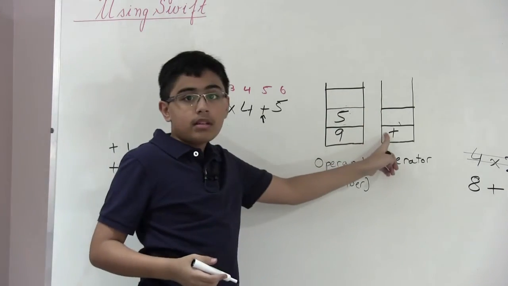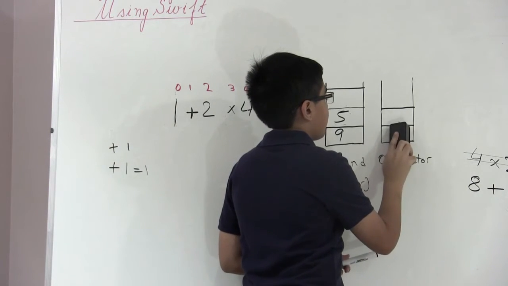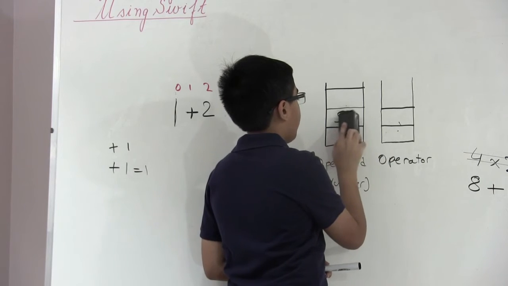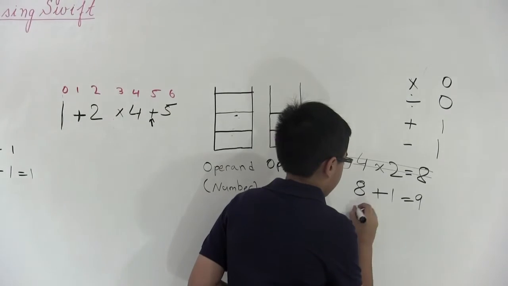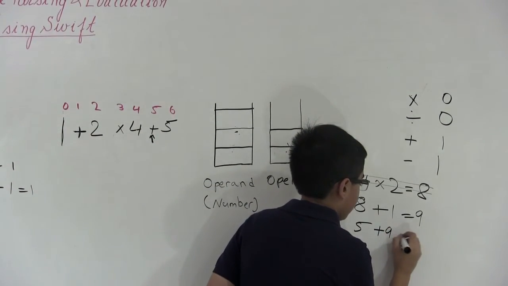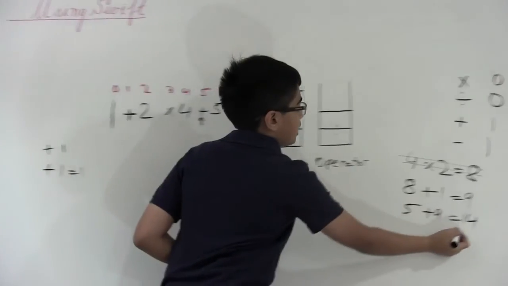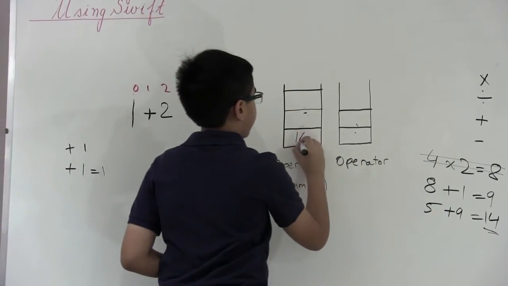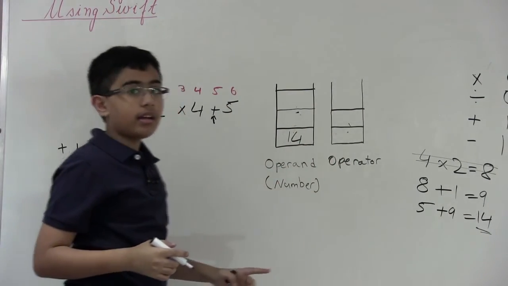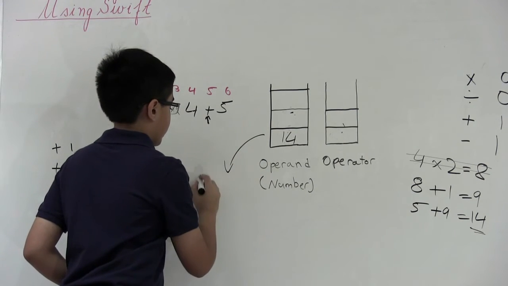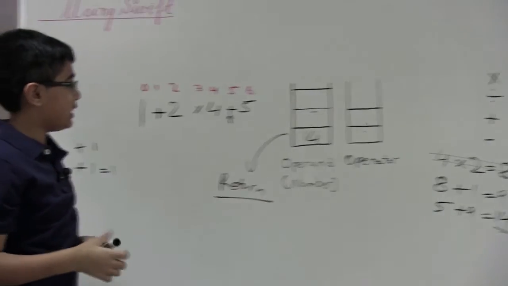We see a plus, so we pop out the plus, the 9, and the 5, and we say, what's 5 plus 9? It is 14, so we push 14 onto our operand stack. Once there's nothing left in the operator stack, we can pop out this value and return it. So our answer will be 14.